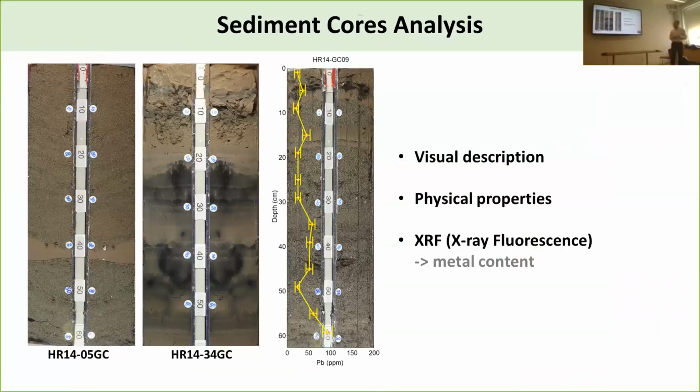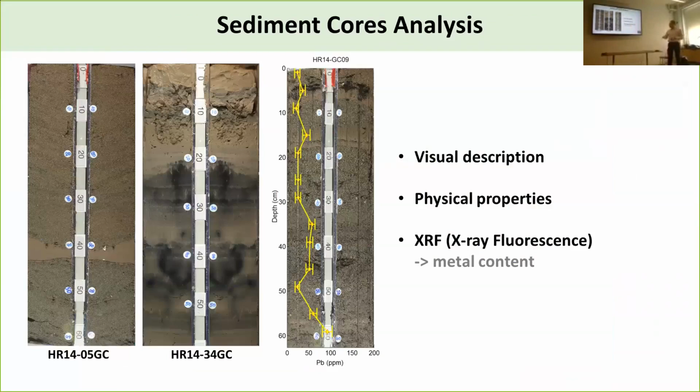But our main method was measuring metal content along the core length. So every 10 or 5 centimeters, we took a measurement of the metal content, and then we can compare those. Usually it's a characteristic curve for a certain core. We can compare those between old and new cores.